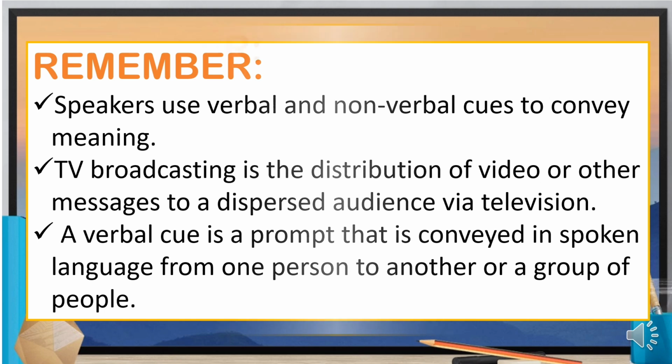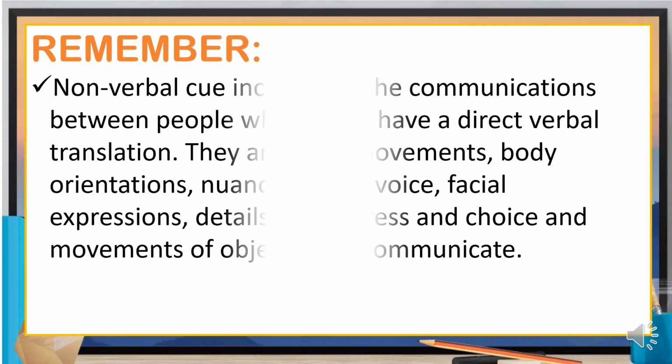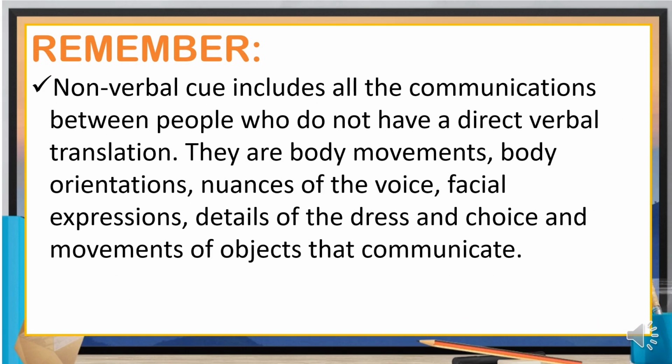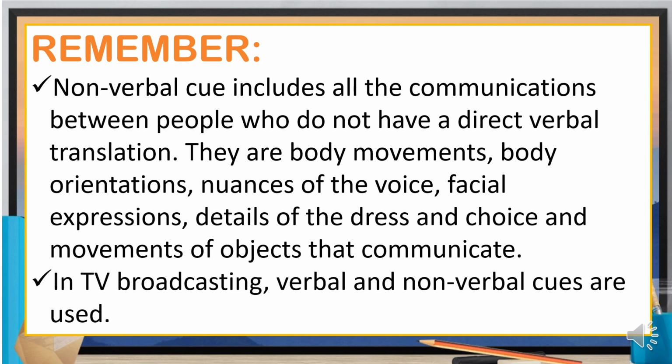Non-verbal cue includes all the communications between people who do not have a direct verbal translation. They are body movements, body orientations, nuances of the voice, facial expressions, details of the dress and choice, and movements of objects that communicate. Lastly, in TV broadcasting, verbal and nonverbal cues are used.